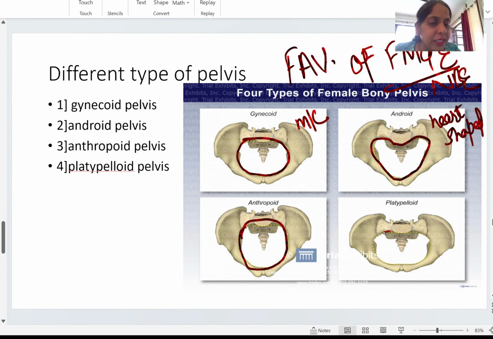And what is the shape of the platypelloid?